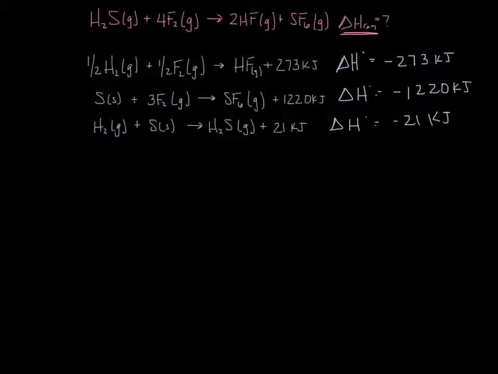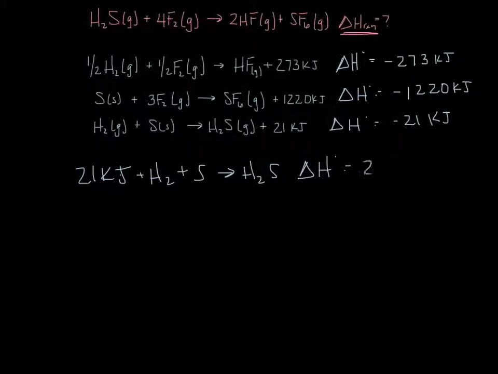If I had this instead, 21 kilojoules plus H2 plus S to H2S, my delta H would be positive 21 kilojoules, because my energy is on my reactant side.